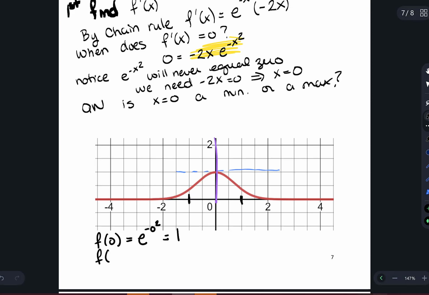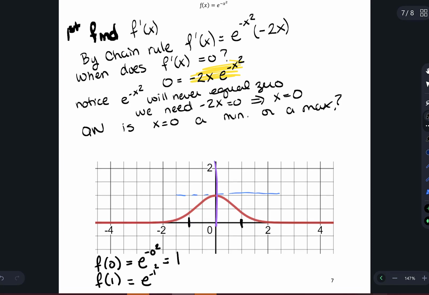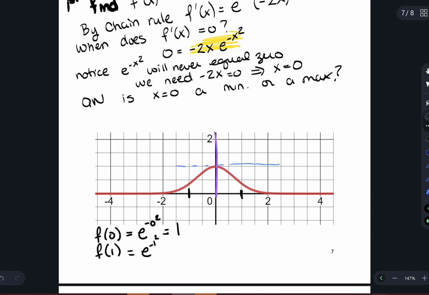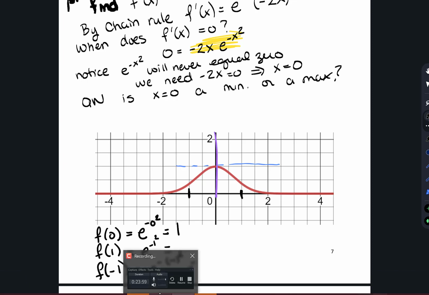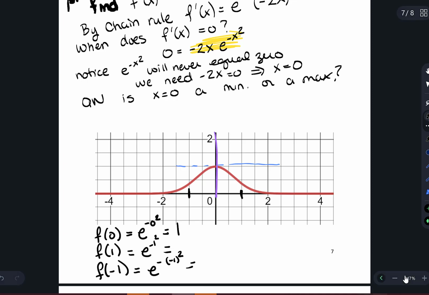Then if we evaluated at 1, we would get e to the negative 1 squared, and at negative 1 we would also have e to the negative 1 squared. In both cases, this is equal to 1 over e.